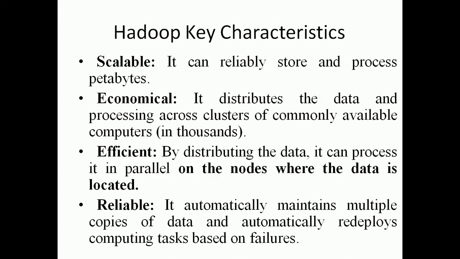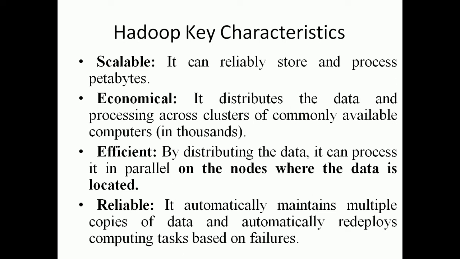Hadoop has some key characteristics. Scalable: it can reliably store and process petabytes of data. Economical: it distributes the data and processing across a cluster of commonly available computers, in thousands. Efficient: by distributing the data, it can process it in parallel on the nodes where the data is located.